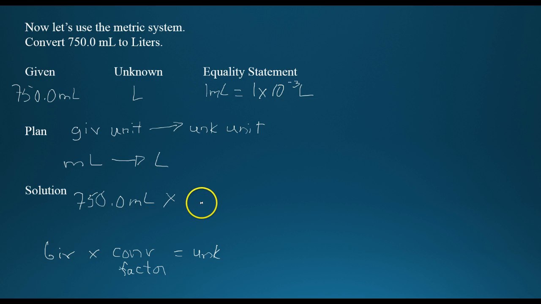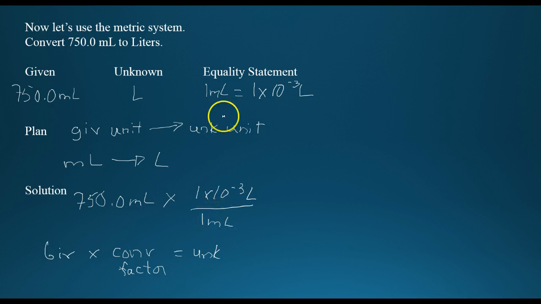So our conversion factor, remember, we want the unknown unit on the top, which is liters. So we go to our equality statement, and we see we have 1 times 10 to the negative third liter over, and we want the given unit on the bottom, which is 1 milliliter.